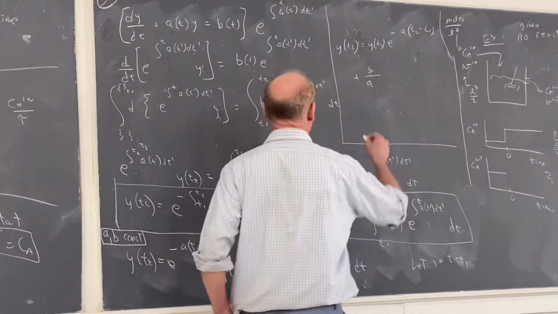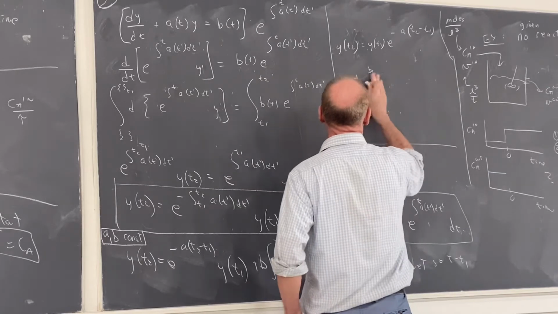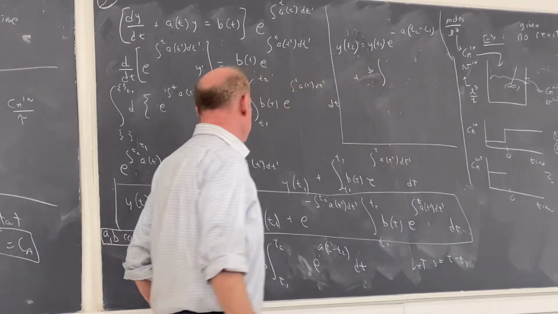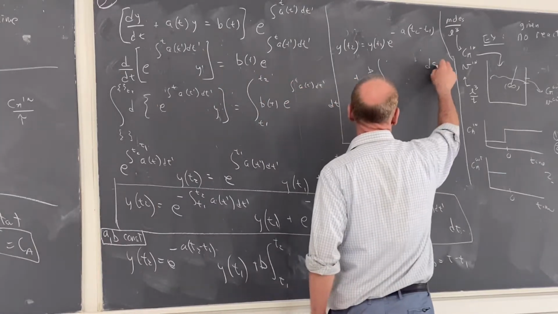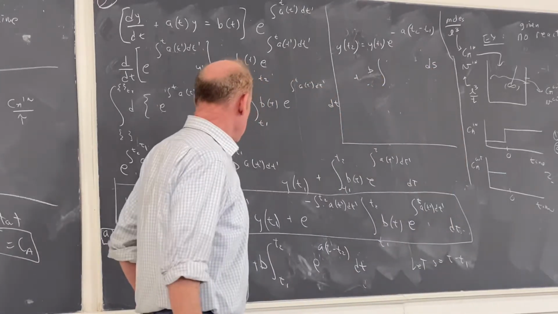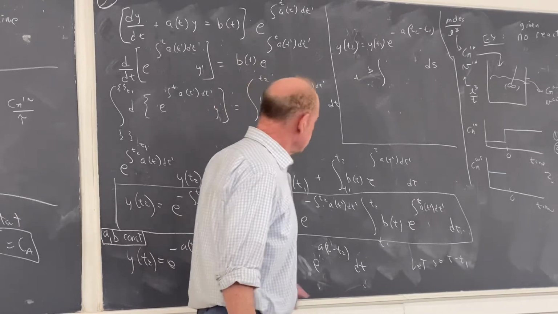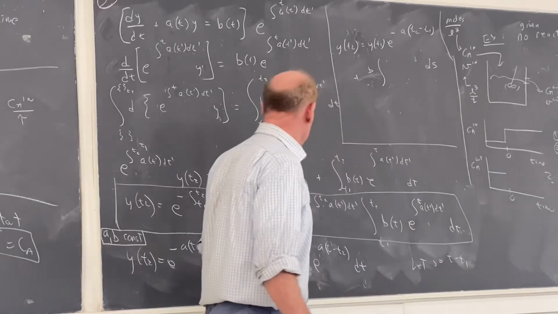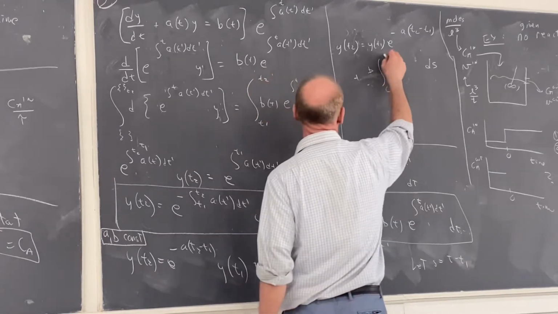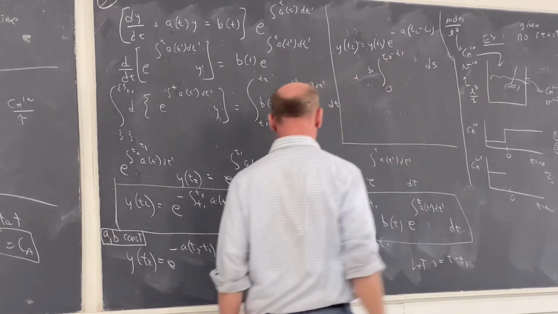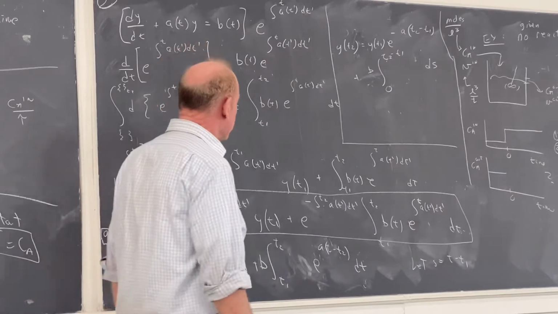Over here, let's do it one step at a time. B times, and I'm letting s be t minus t1, so ds is dt. And then the lower limit, t minus t1, is 0, and the upper limit is t2 minus t1. Now I need to see what I have here.